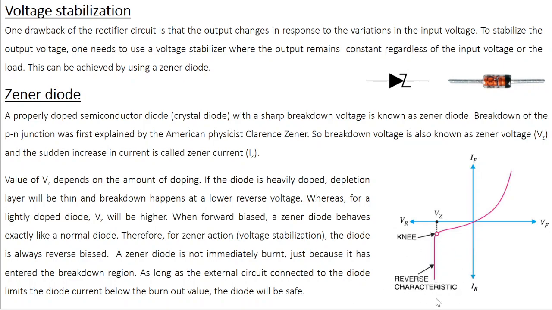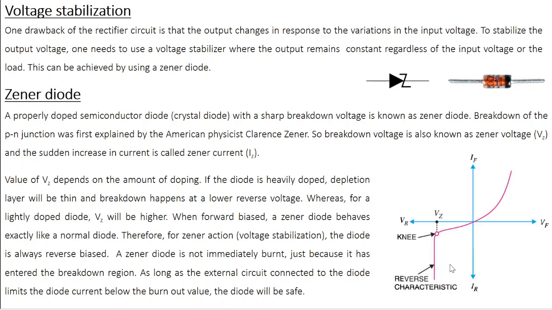This is the breakdown region. The breakdown of the PN junction was first explained by the American physicist Clarence Zener. So the breakdown voltage is also known as the Zener voltage Vz, and the sudden increase in current is called the Zener current Iz.